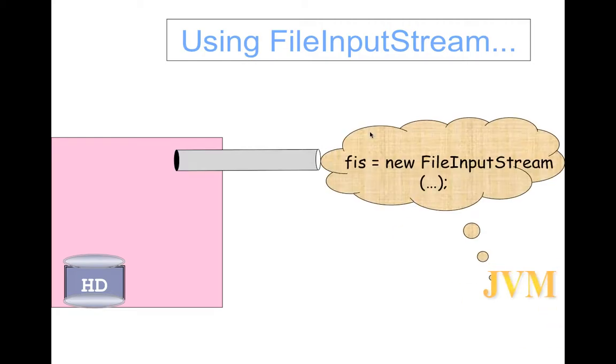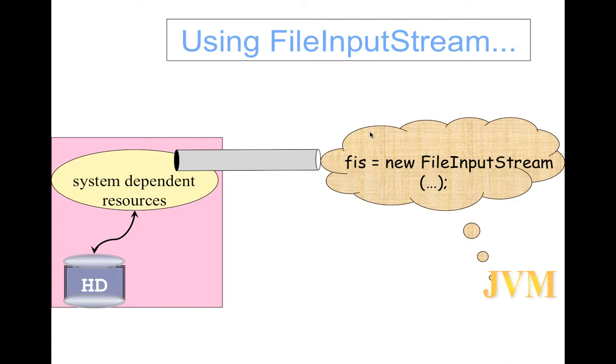So using a FileInputStream, how do you do that? You're going to say either InputStream equals new FileInputStream, or FileInputStream fis equals new FileInputStream, depending on the constructor that you're using. If it is a system dependent resource, you're going to give the path of that.